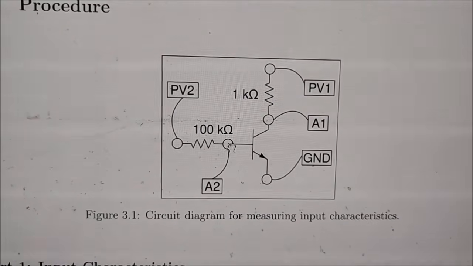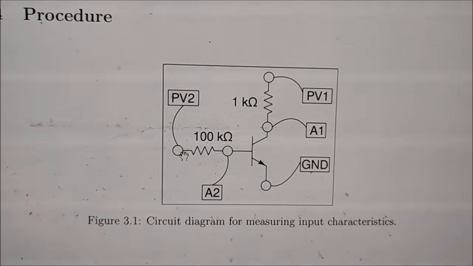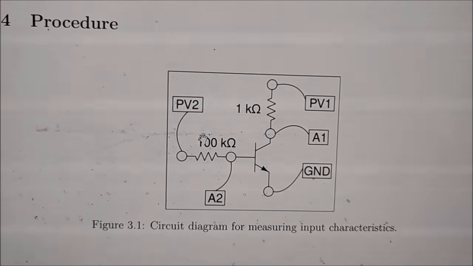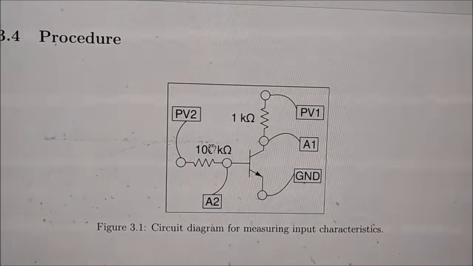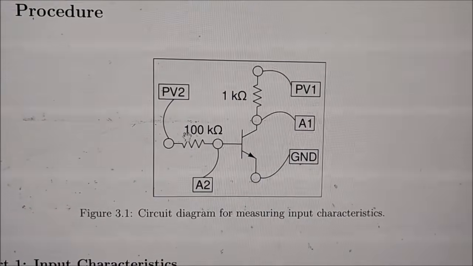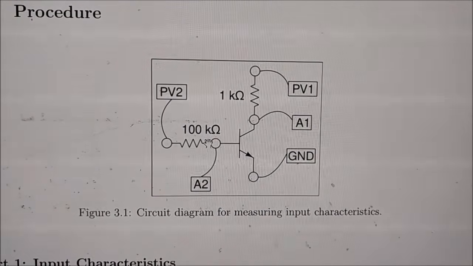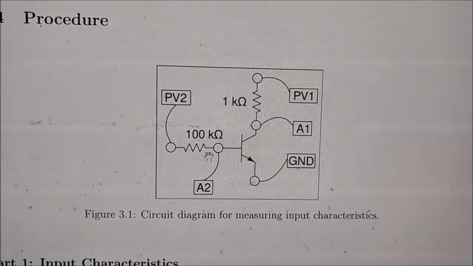So this 0.5 volt is the voltage difference across this 100 kilo ohm. If we divide by this resistance, we'll get the current value, because we know from Ohm's law that V equals IR. So if we want I, then V divided by R. Here V is the voltage difference across PV2 and A2.